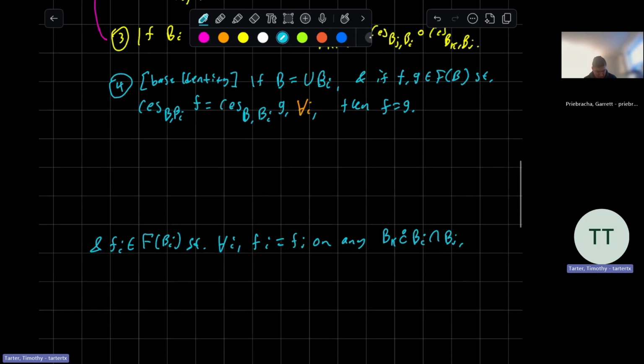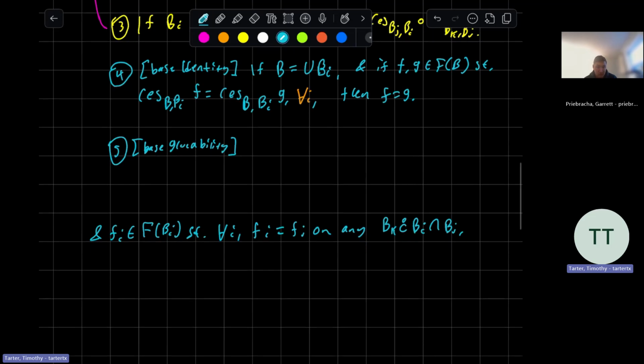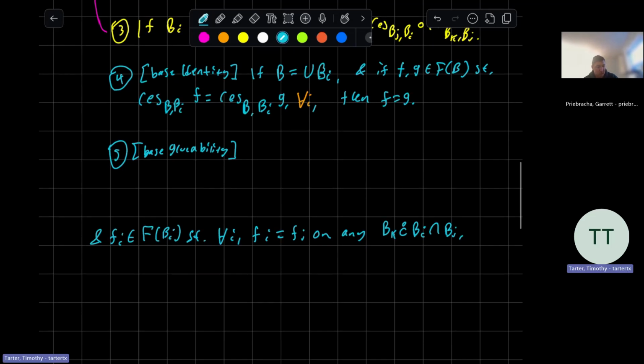And then glueability, base glueability. Glue, I really wonder if I've been spelling that wrong this whole time. It would be kind of funny if I did.